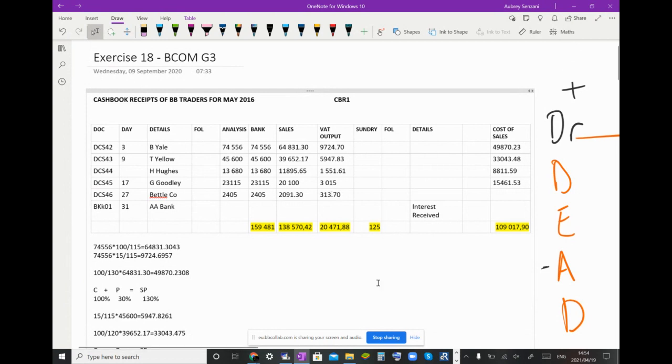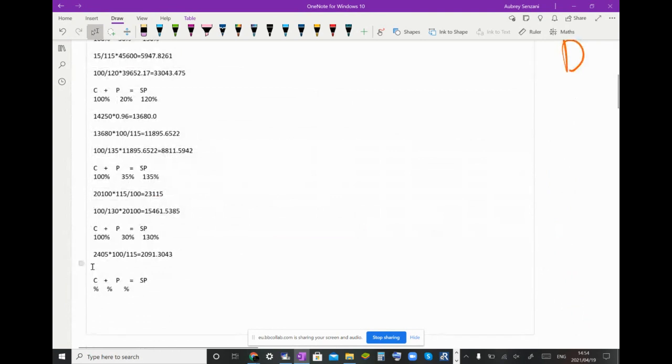Okay, we have that. And then finally, we can calculate for the last time the cost of sales. Here they told us that it's 30% on selling price. So we know profit is definitely 30%.